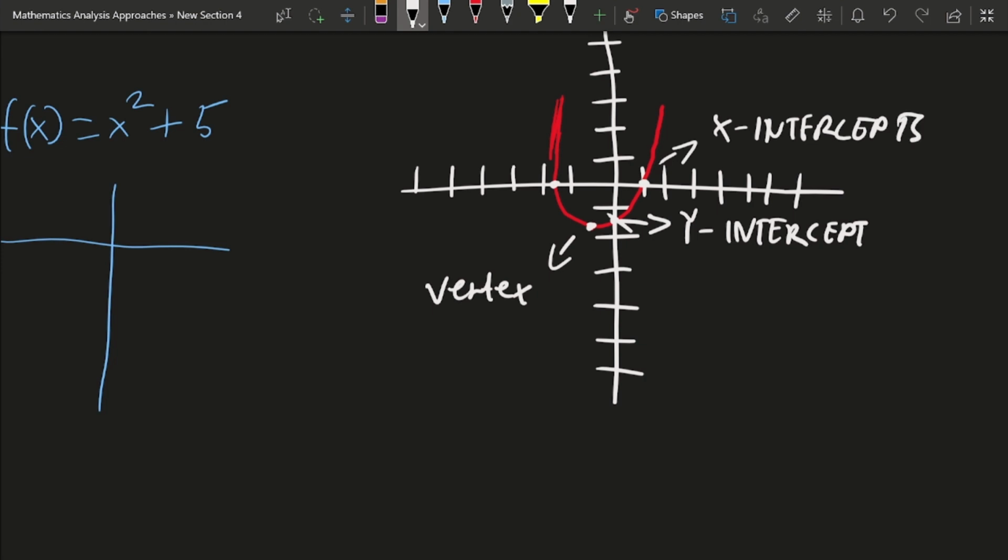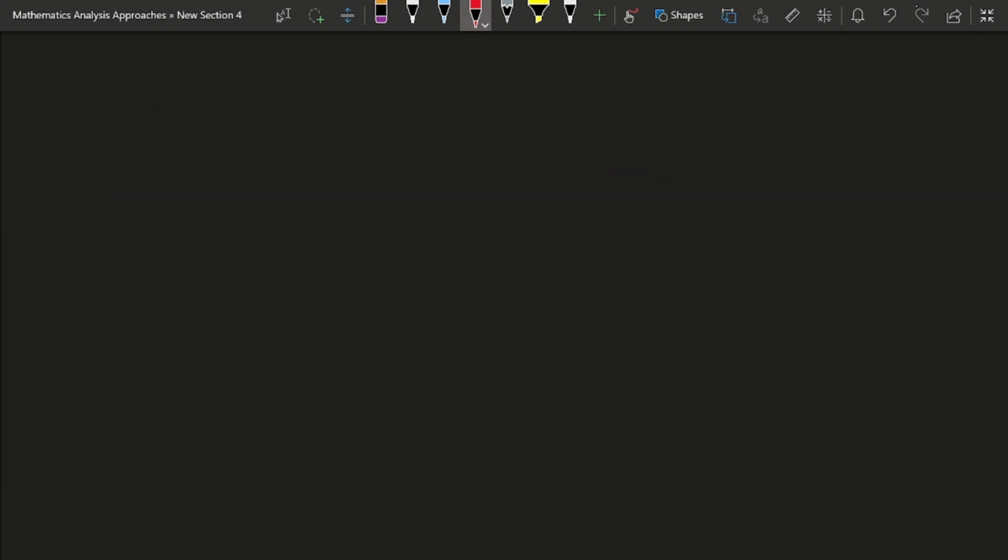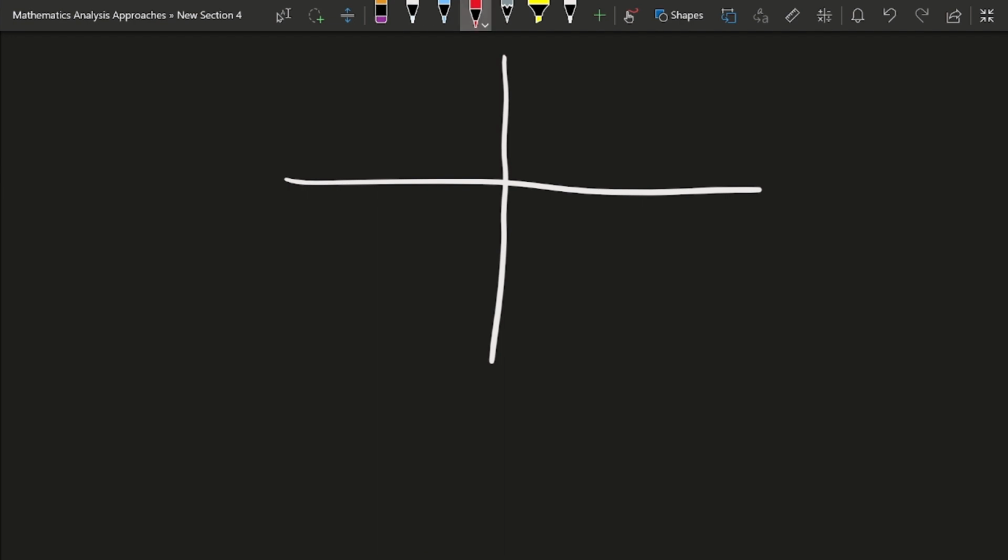So you should keep these in mind, because they'll help you throughout your IB career. These concepts can also be taken to linear functions. But here you have one x-intercept and a y-intercept, and no vertex, obviously.